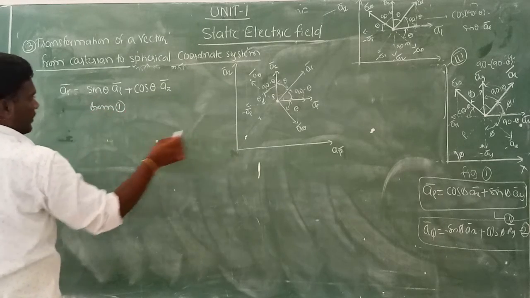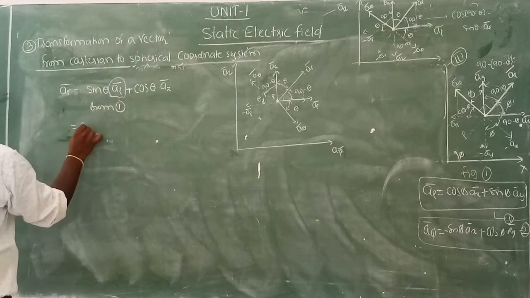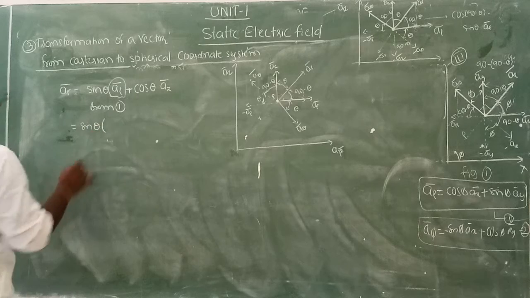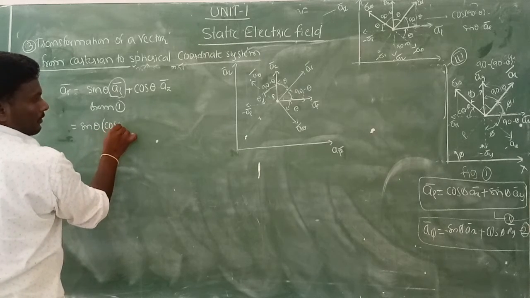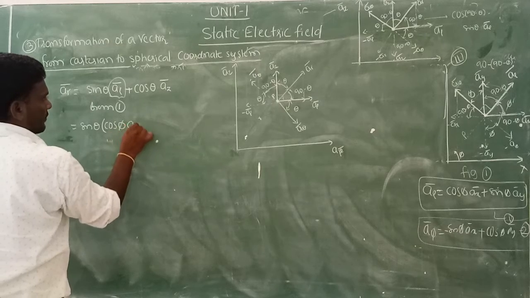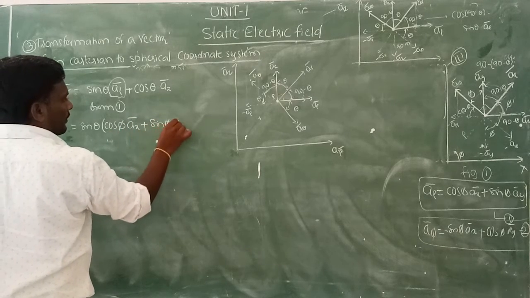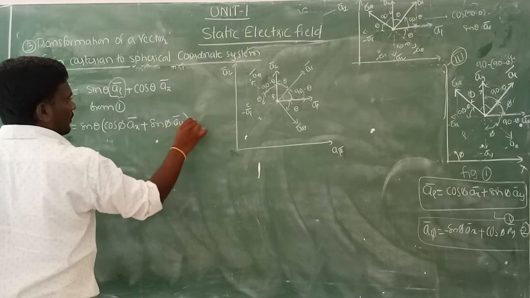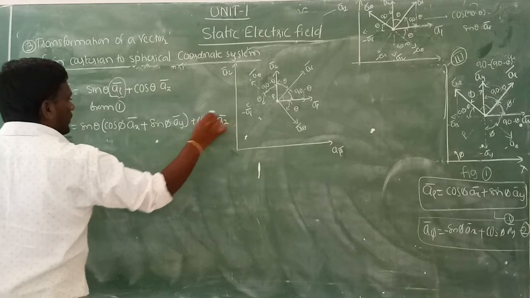And from equation 1, substitute arrow bar here. What is the arrow bar from equation 1? Sin theta into arrow bar, which is cos phi ax bar plus sin phi ay bar, plus cos theta az bar.